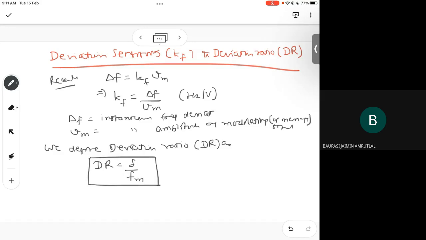It is defined as the ratio of the peak frequency deviation, delta, which we have understood, to the maximum frequency component present in the modulating signal, which we have also expressed in the first slide, if you recall.